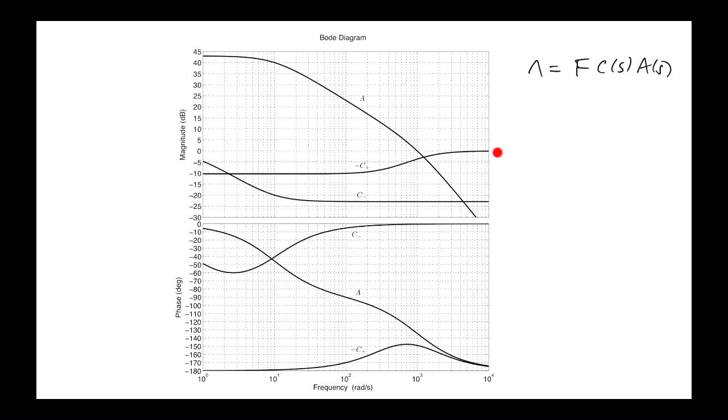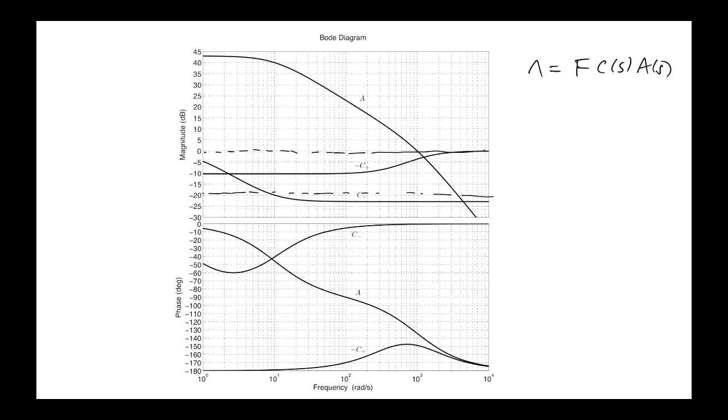But remember, F is always a number less than 1. It's a number between 0 and 1 because it's a resistor divider, so it's always a fraction of 1. So if it's 1, F will be a line across like this. If F is 0.1, then F will be a line like this.